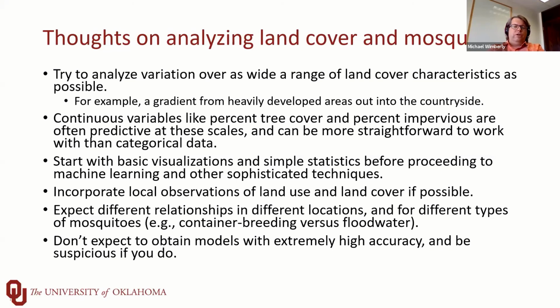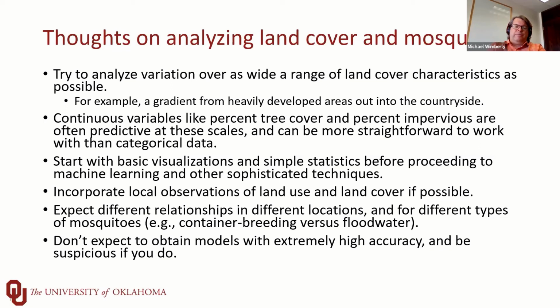If you want to look over a really broad range of land cover characteristics, it's going to be hard to find a signal if you've got 10 sites that are all downtown in your city. But you can often pick out rural to urban gradients for different mosquito species. Often I find that continuous variables like percent tree cover or impervious surface are a little more predictive and can be easier to work with than categories.